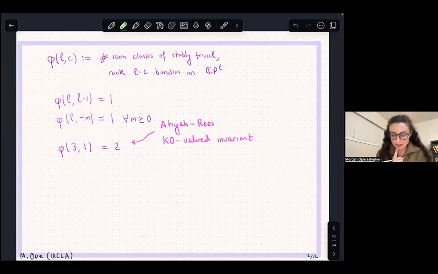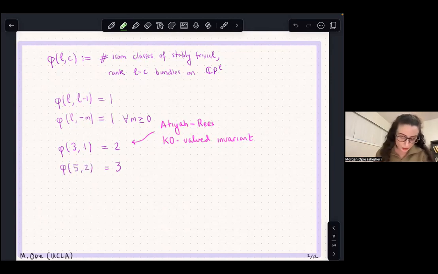In fact, their construction also enumerates the number of vector bundles with any prescribed Chern data. Choosing a class in reduced K0 of complex projective space is equivalent to choosing Chern classes. So you could ask the same enumeration problem for any fixed K-theory class, i.e. any fixed Chern data, and they're able to compute the number of isomorphism classes for any fixed K-theory class, not just for the 0 data.